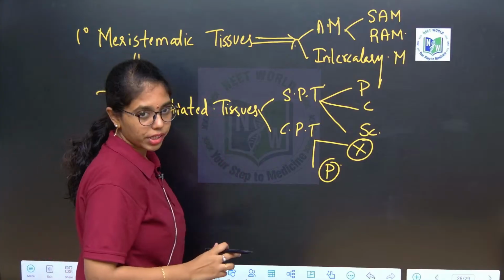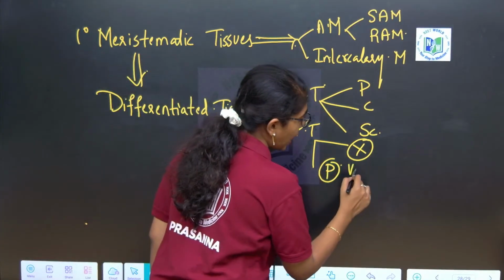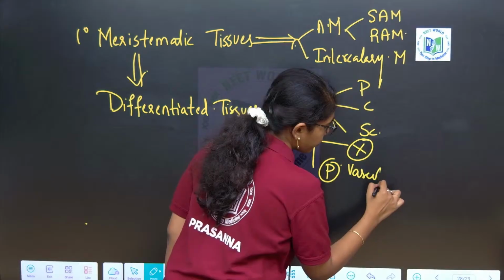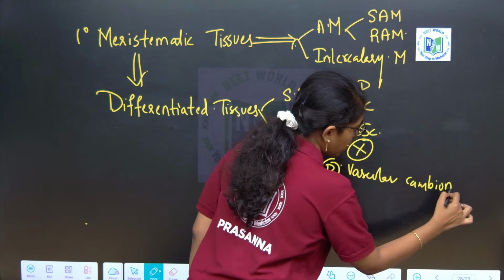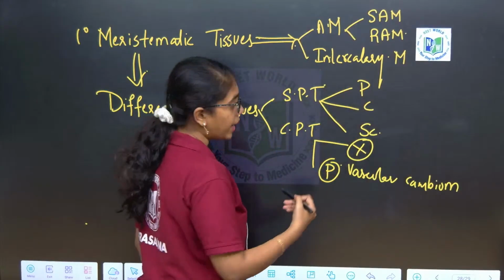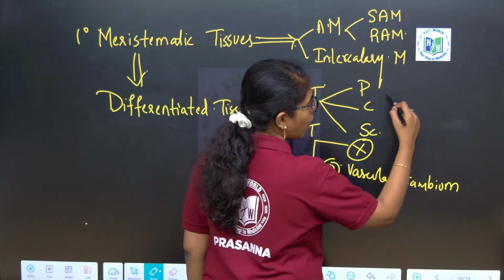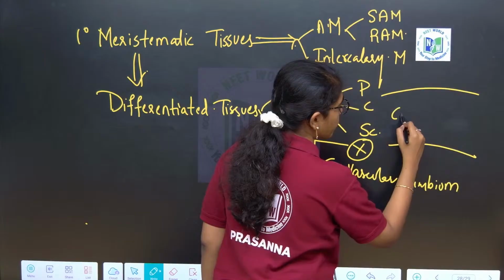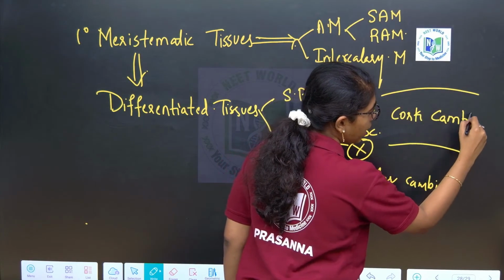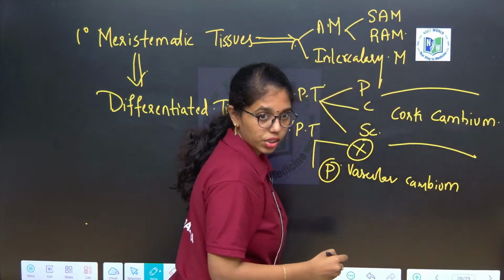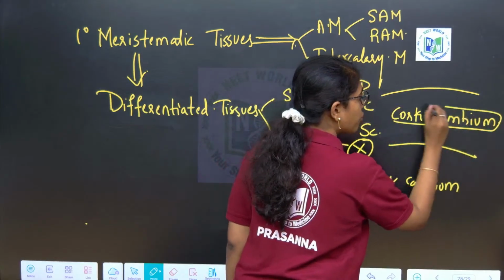Amongst these differentiated tissues, vascular cambium is formed between xylem and phloem, and cork cambium is formed in the cortex region. Cork cambium is formed where? In the cortex region. So, these cells are formed from where?